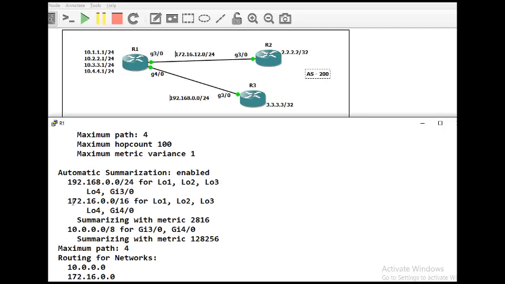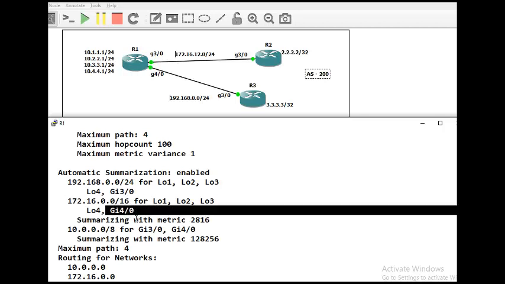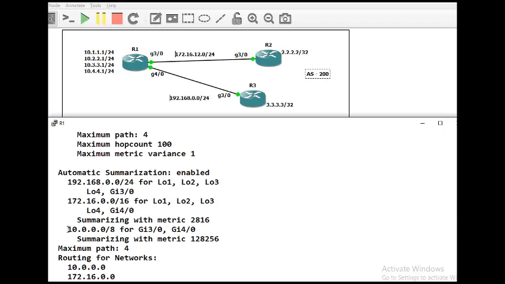And I'm summarizing this network before sending to router 3. And I'm summarizing this network before sending to both router 2 and router 3. They are connected this way. And it also puts the summary metric.